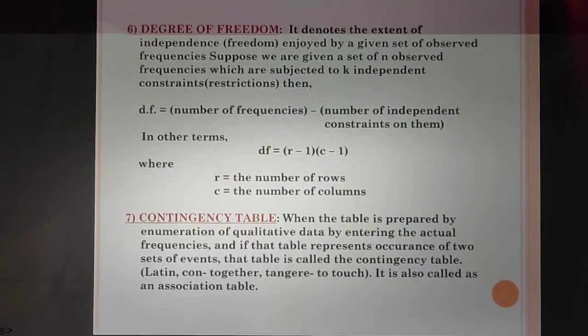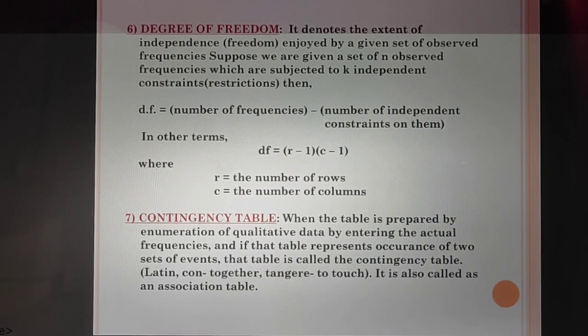Then degrees of freedom. Degree of freedom is basically the extent of freedom given in a set of observations. There is a formula to calculate the degrees of freedom: the number of frequencies we have taken minus the number of independent constraints.